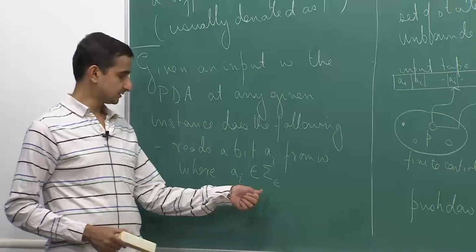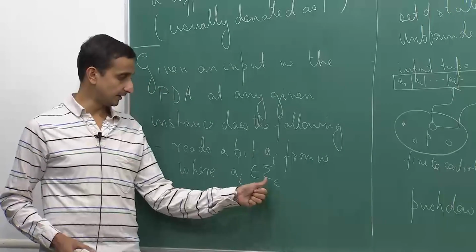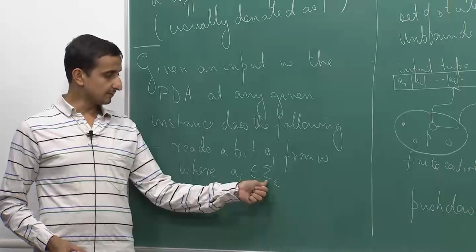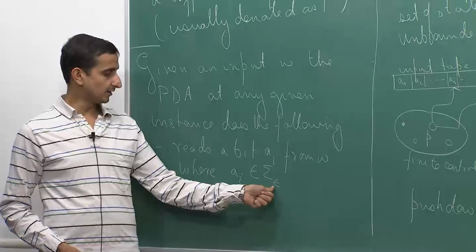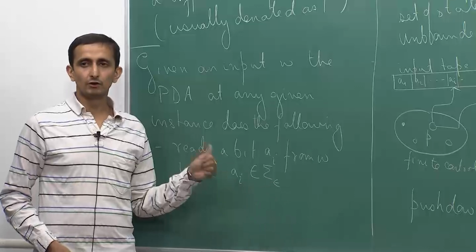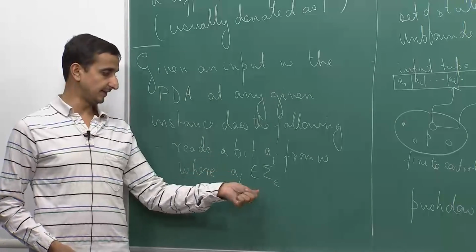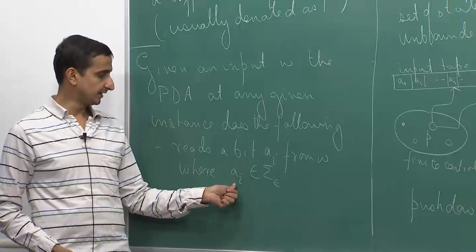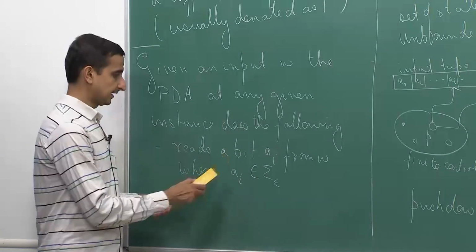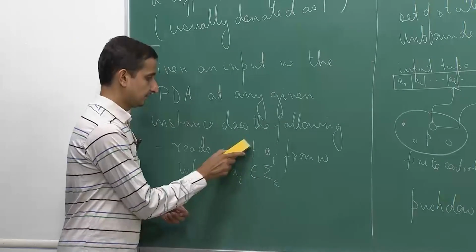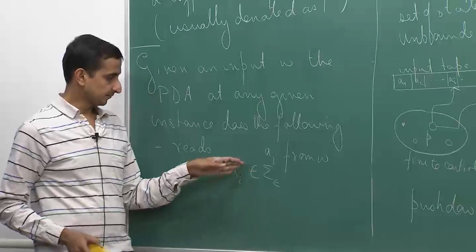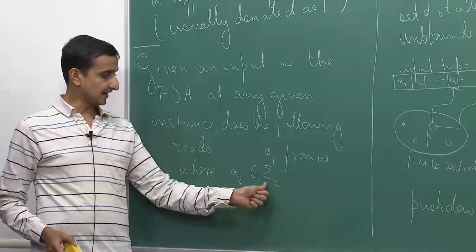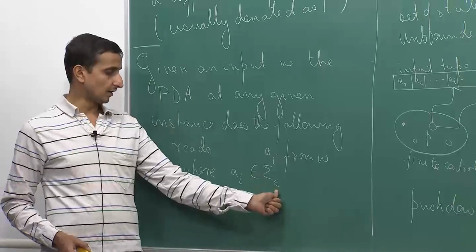Okay. So, recall this notation that we had used earlier. Sigma basically denotes the input alphabet, and sigma epsilon denotes the input alphabet together with the string epsilon. Okay. So, it reads a_i from W, and this a_i can either be in sigma or it can be epsilon.